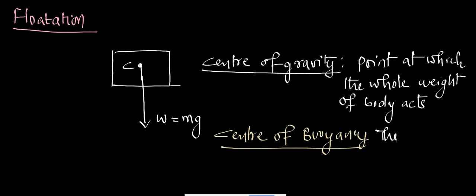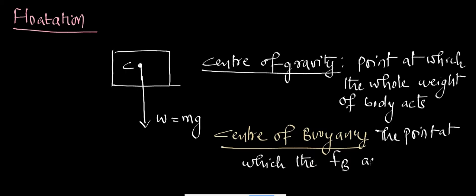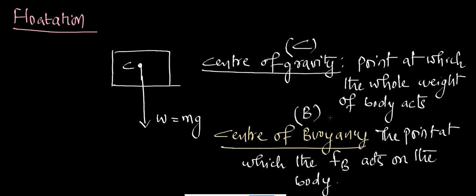It is the point at which the buoyant force acts on the body. Clear, Gautam? So center of gravity is denoted by capital C, center of buoyancy is denoted by capital B. Any doubt in this?